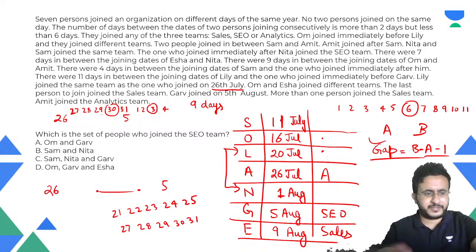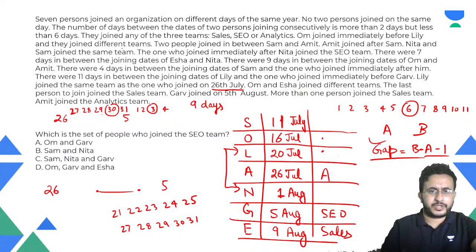Now I think we can fill more information because we have got the dates also. Okay, now let's revisit these things. Immediately after Neeta is done, Lily joined the same team as the one joined on 26 July, right?